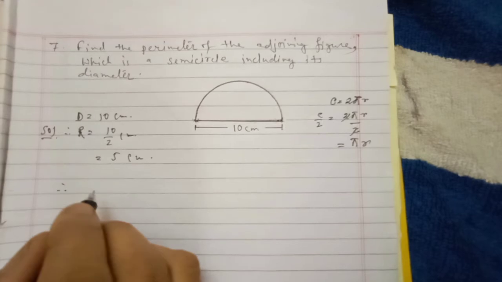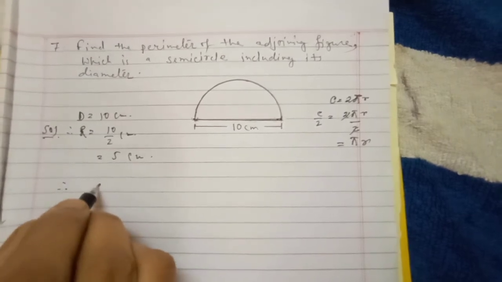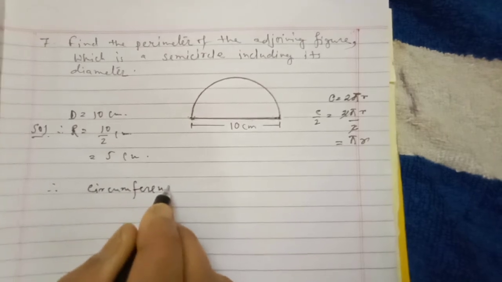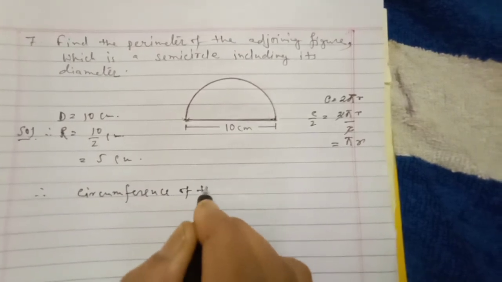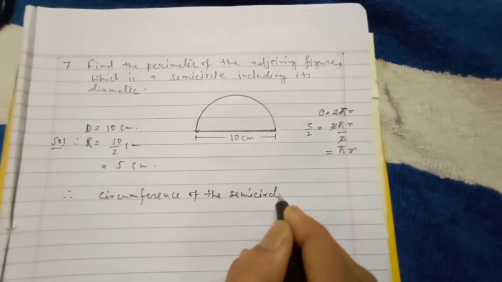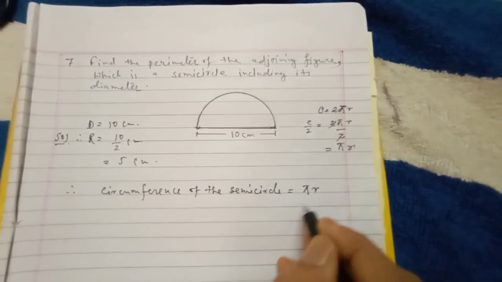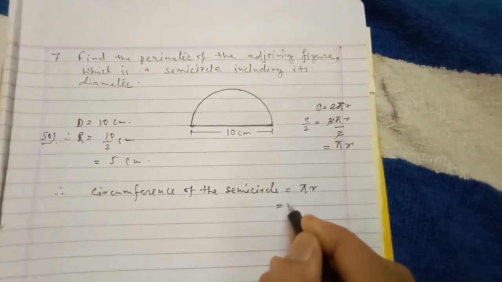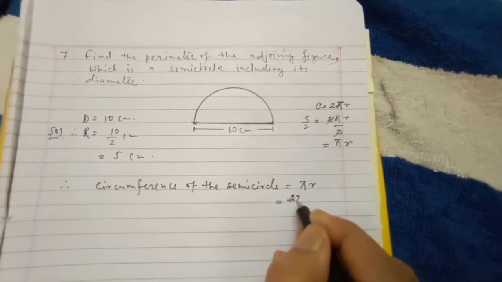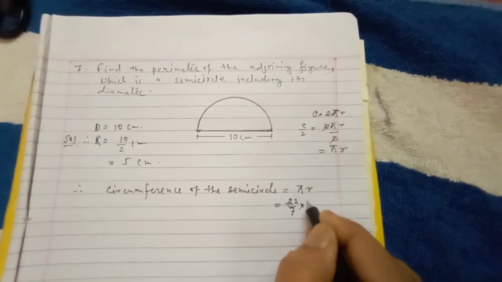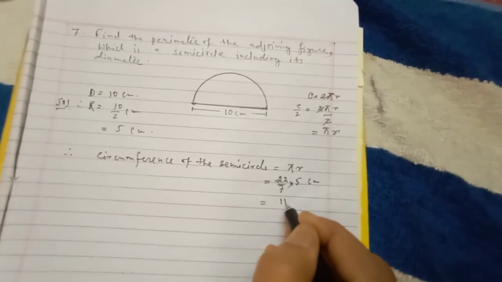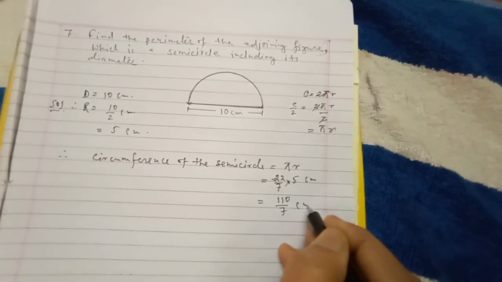Therefore circumference of the semicircle is equal to pi r. The value of pi is not given, so you can use 22 by 7, and radius r is equal to 5 centimeter. So 110 by 7 centimeter.